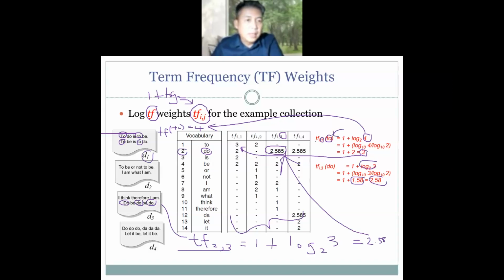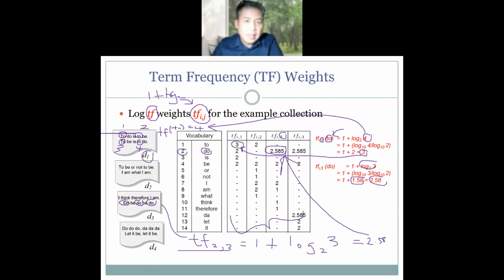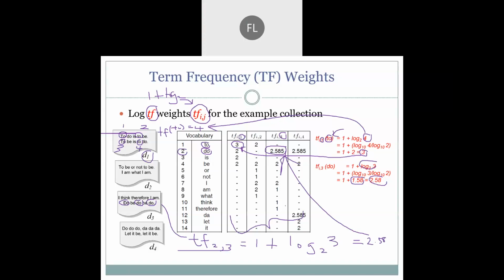So document 1 here, and then 2 is how many times? 1, 2, 3, 4. So when we compute this one, we get 3. So that's how the 3 is here, because this one is referring to the term frequency of 2 in document 1.